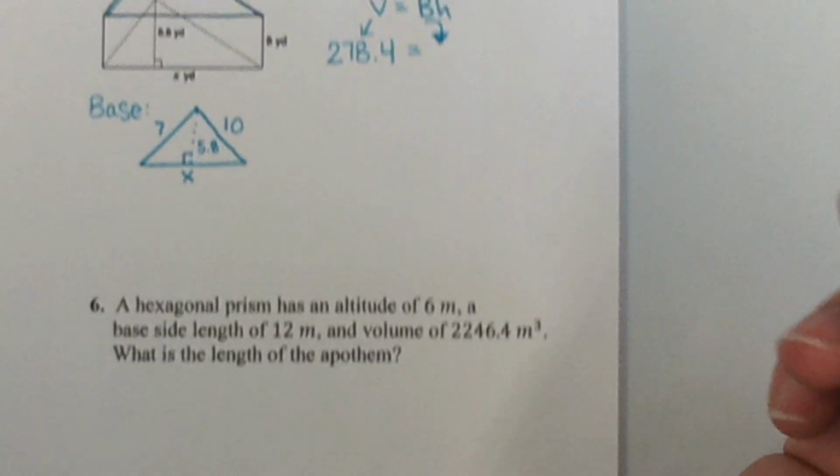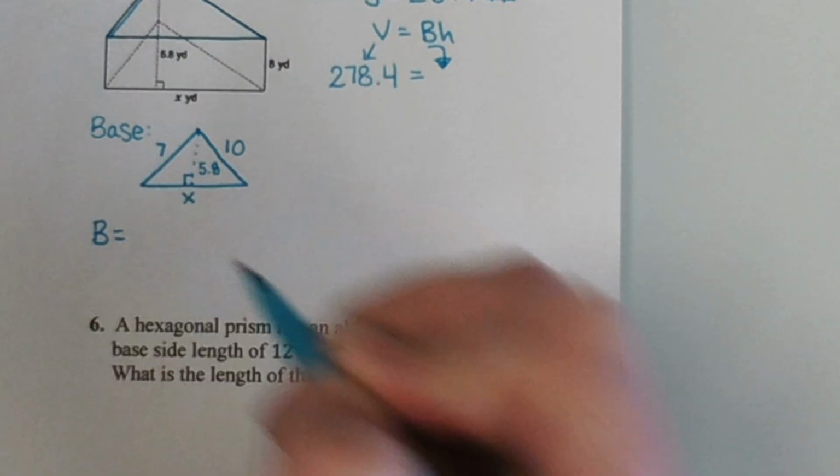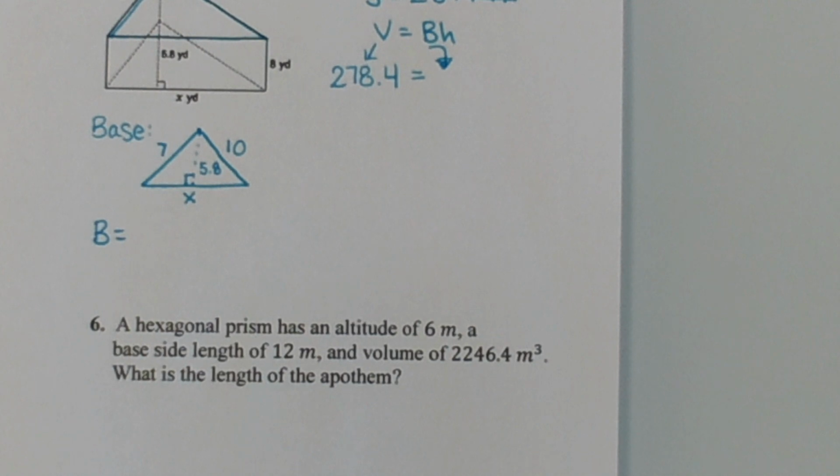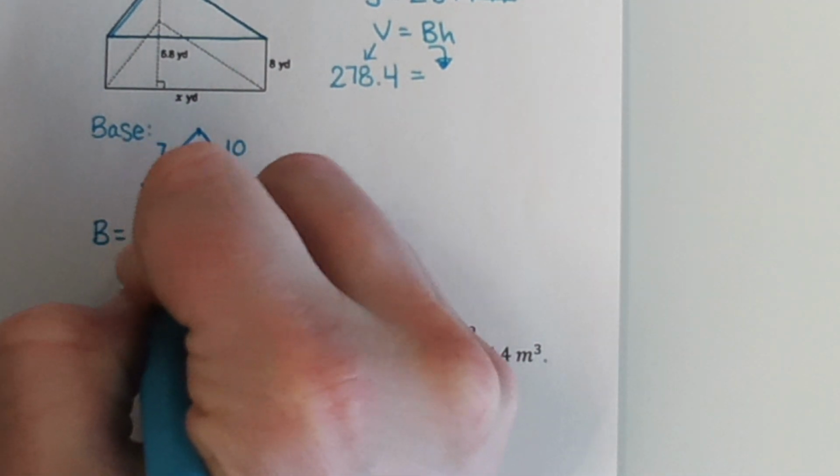I don't need perimeter for this formula, so I just need capital B. Capital B is an area, so how do I find the area of that base? 1/2 BH, because it's a triangle.